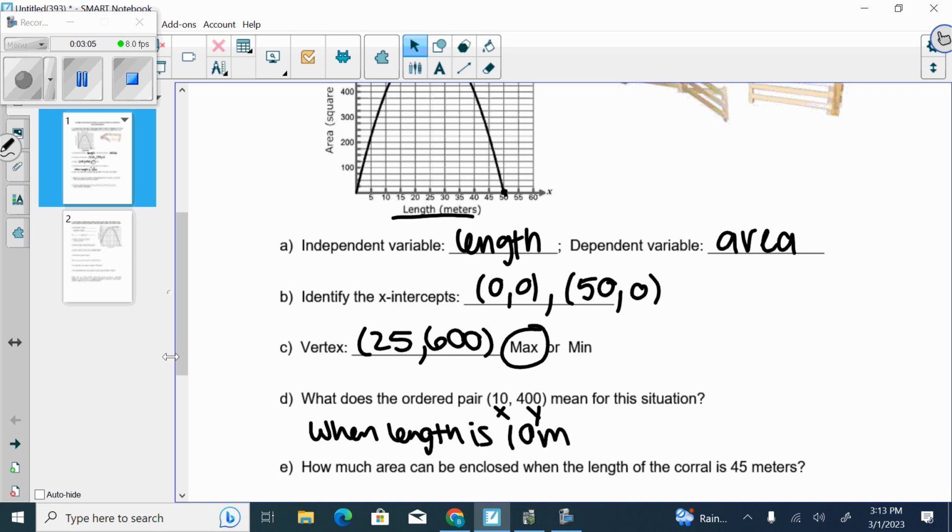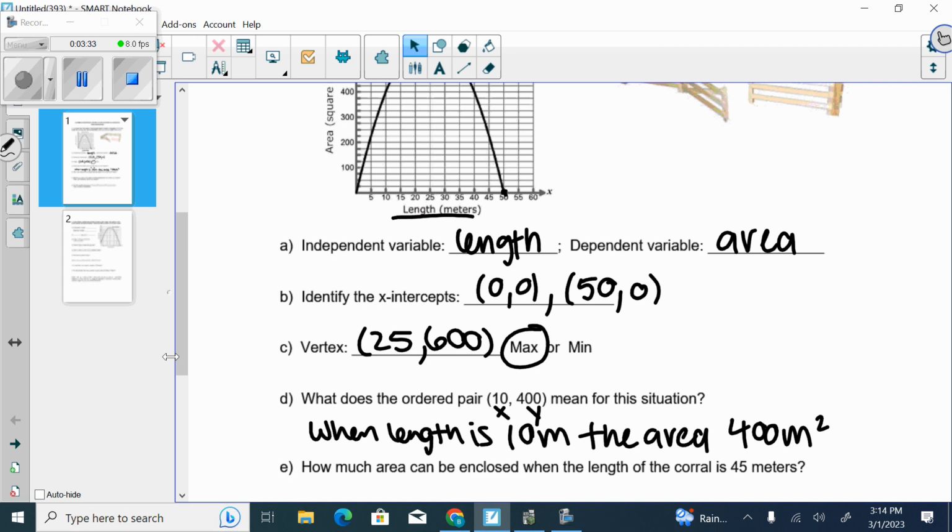And what did we say that our Y is named? Area. So when the length is 10 meters, the area must be, what number do they have plugged in for Y? Right. 400 meters squared.